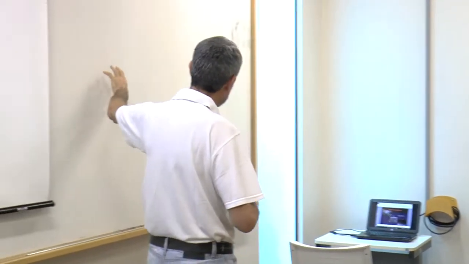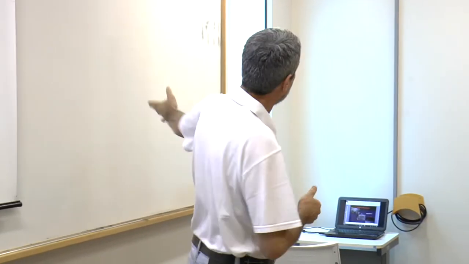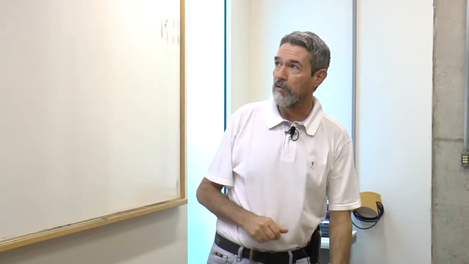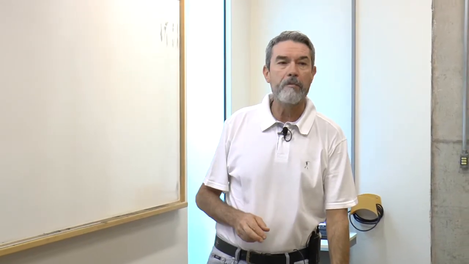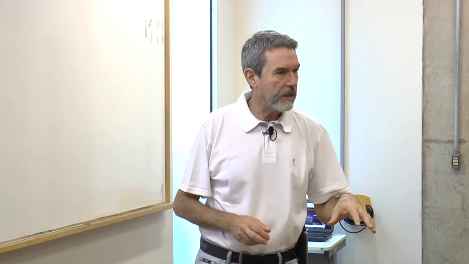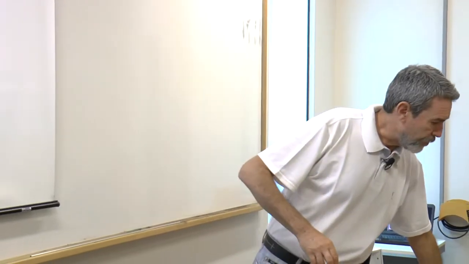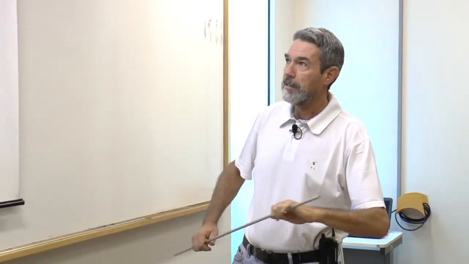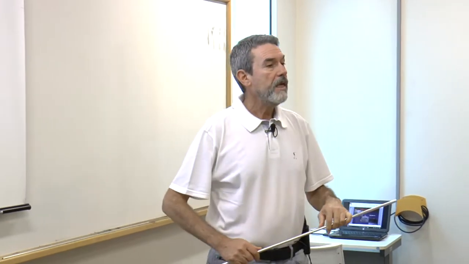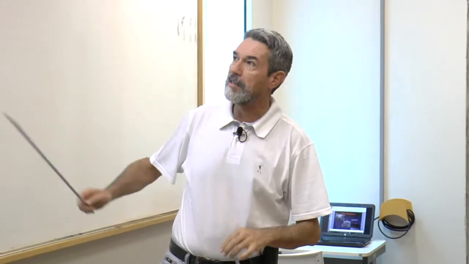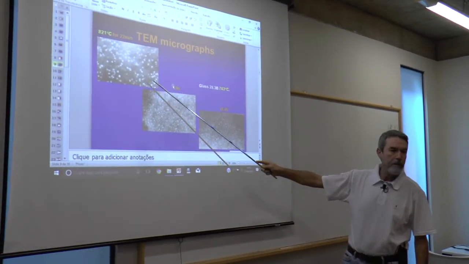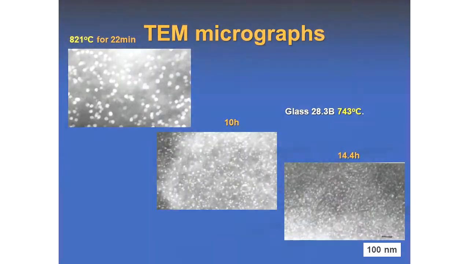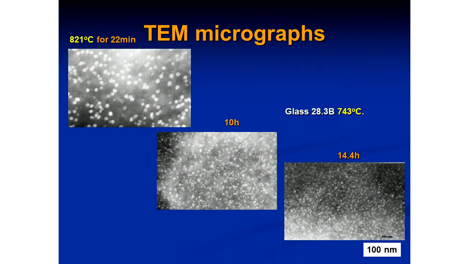I'm going to use the whiteboard before, and then we have some transparencies. But before I use the whiteboard, let me show you a few micrographs. If you use an electron microscope and check some glasses, even if they are colorless, if the size of the liquid droplets is much smaller than the wavelength of visible light, they are colorless.